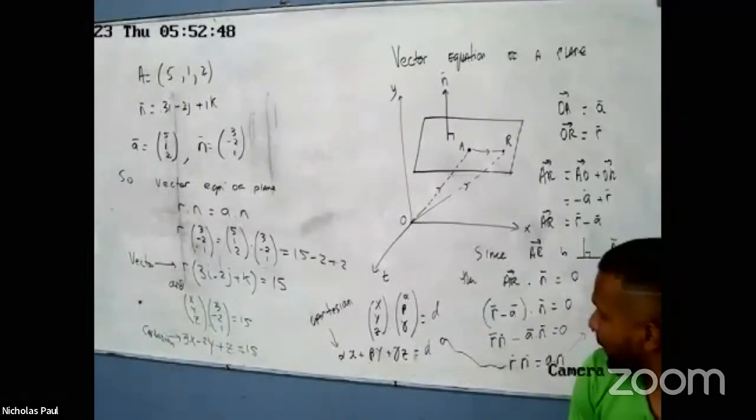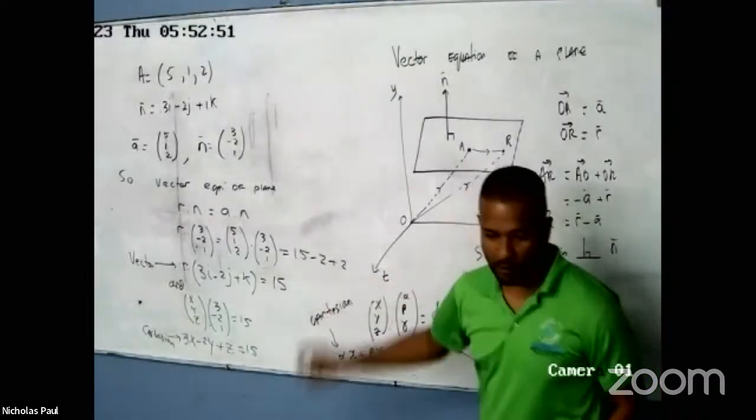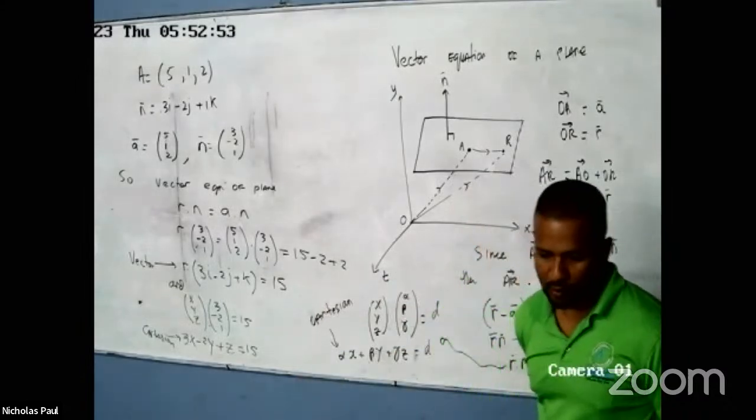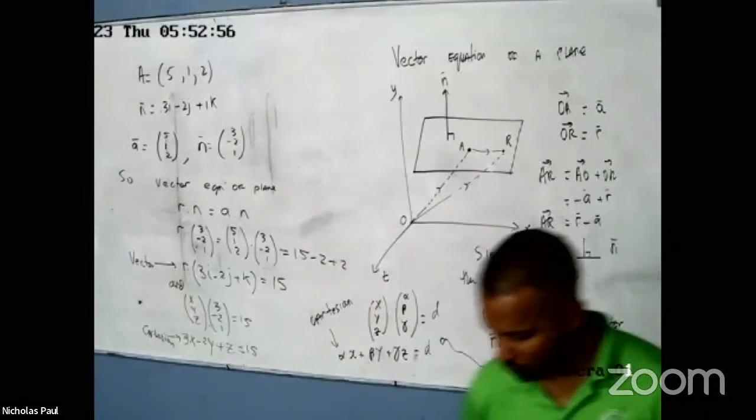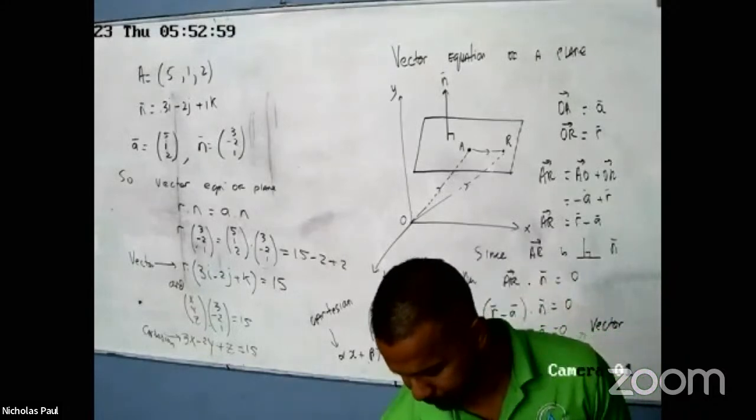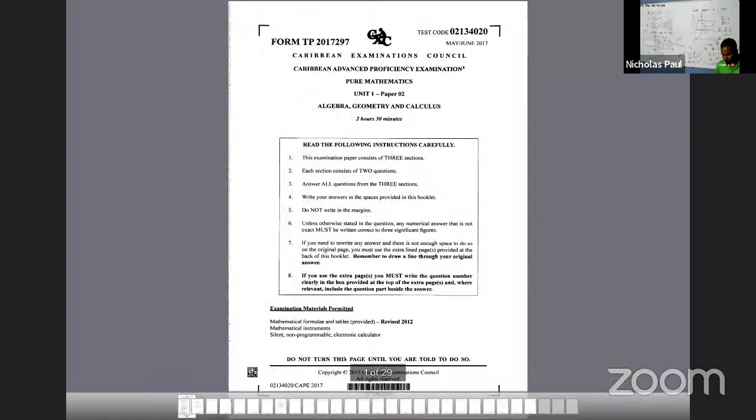So that is 15 minus 2 plus 2. Where did 2 come from?